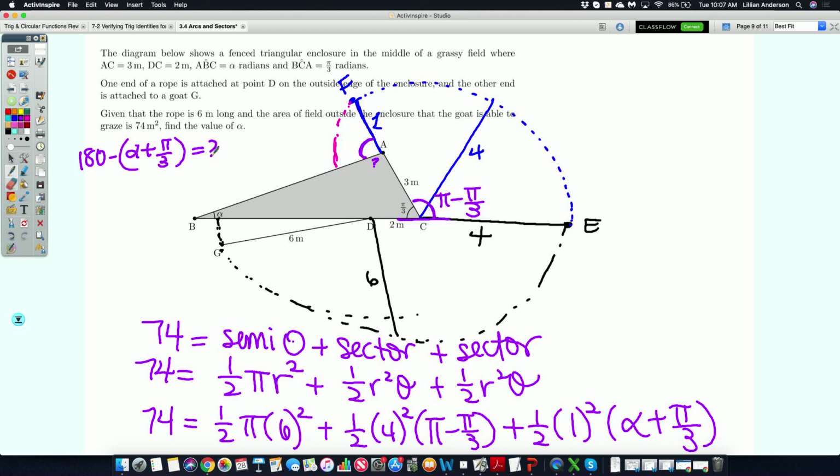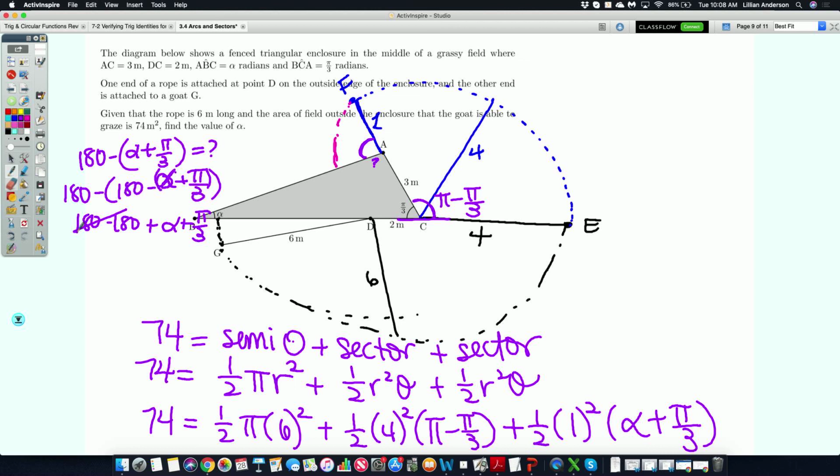Well, I want the one on the outside, so I'm going to do 180 minus that angle you just did, and those two end up canceling out. That's how you get alpha plus pi over 3.